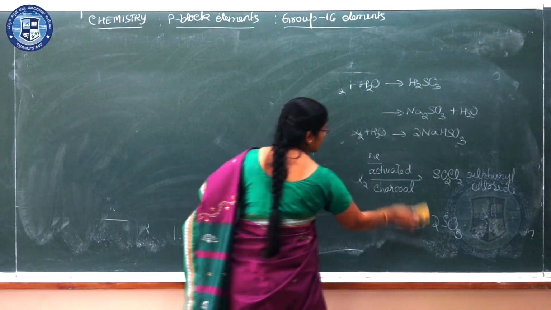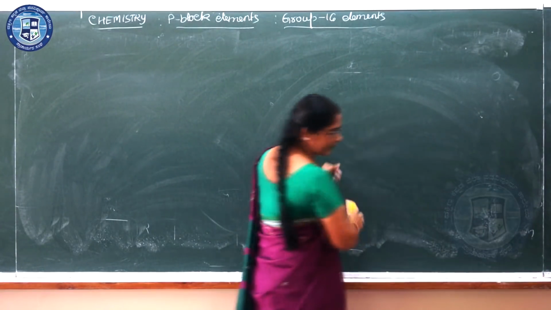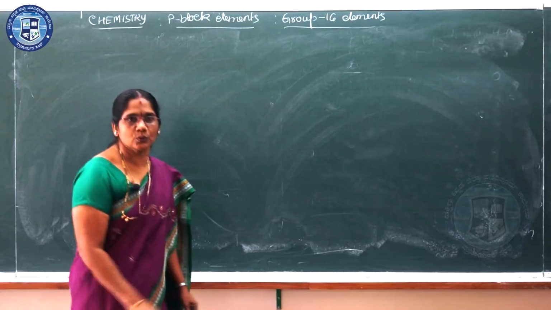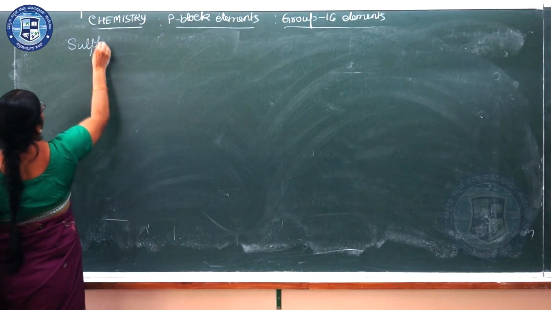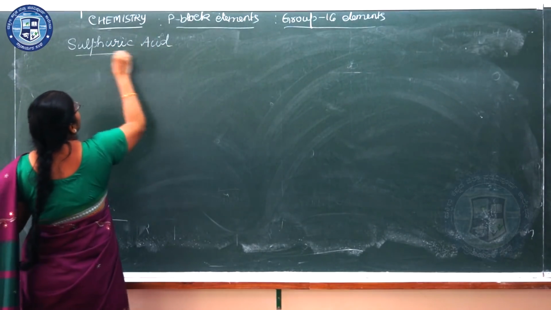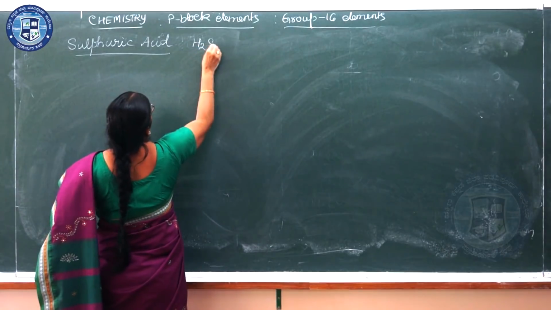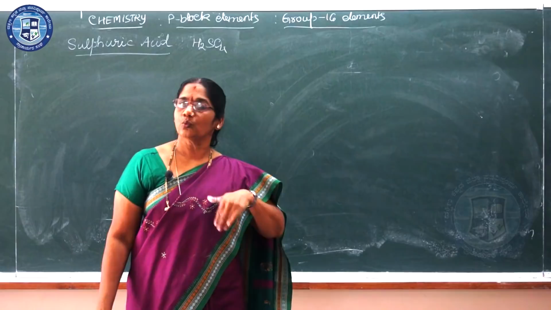So we have completed the preparation, properties, structure and uses of sulfur dioxide. Next we are moving to a compound which is called the king of chemicals. That is a very important compound which is directly or indirectly used in almost all the industries in one form or the other.